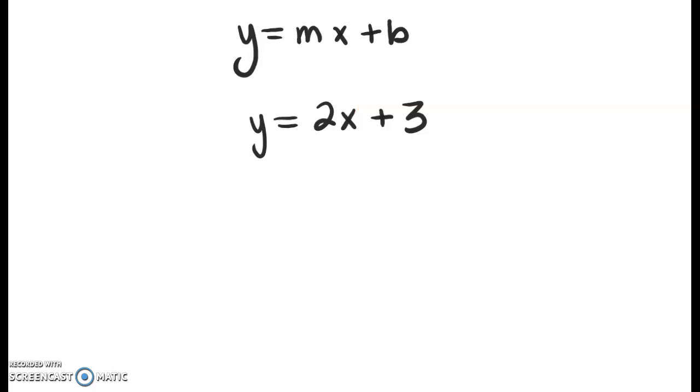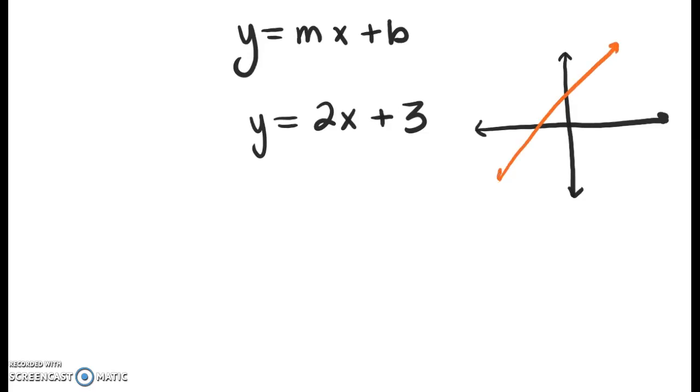And whenever you have a linear equation, the graph looks like a straight line. So there's not going to be any curves. There's not going to be anything that turns around or is wavy. It's going to look something like this. The line could go up.